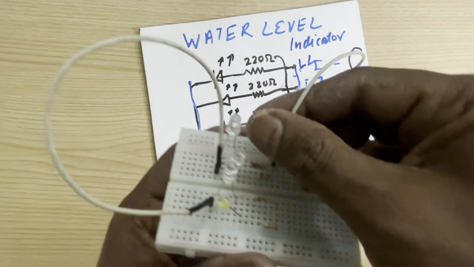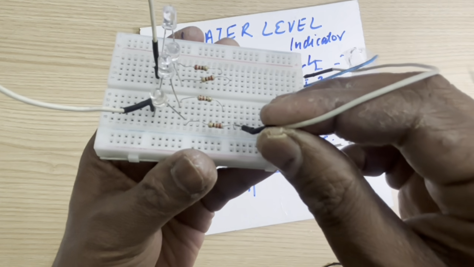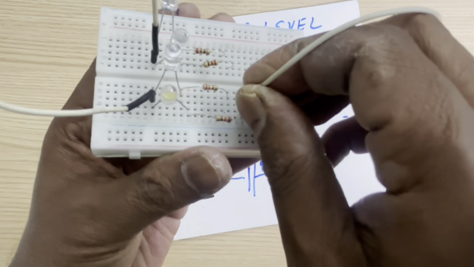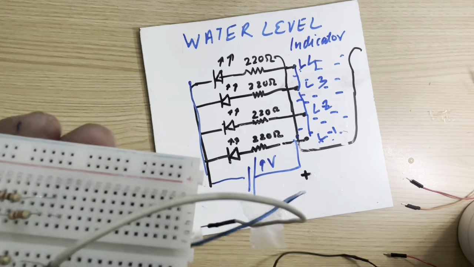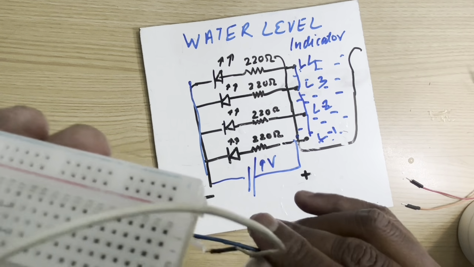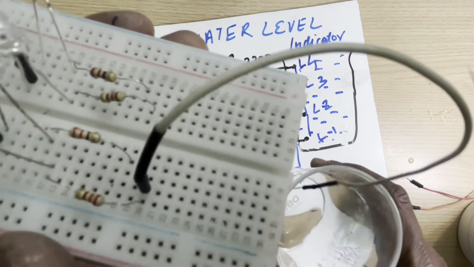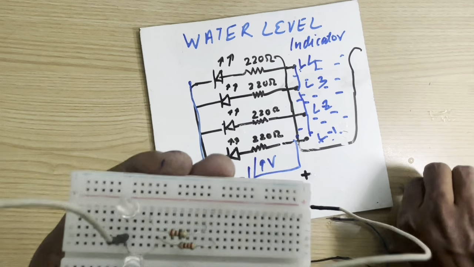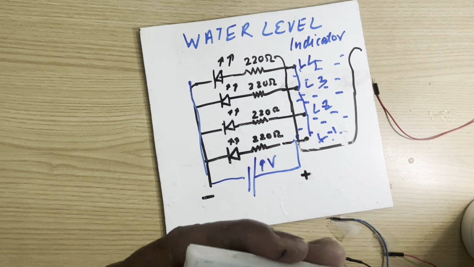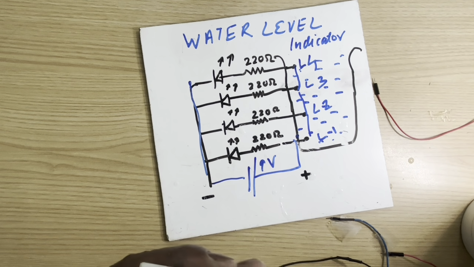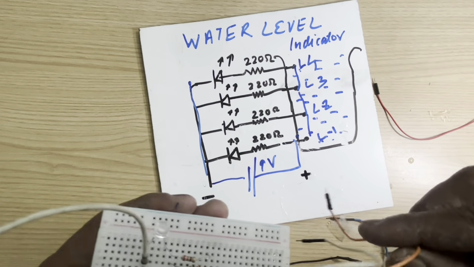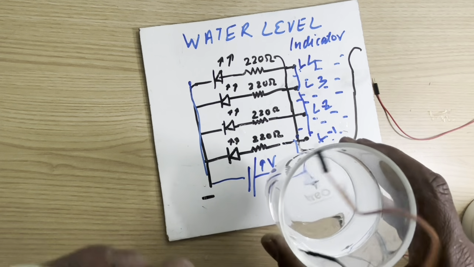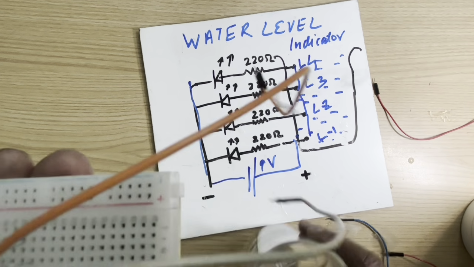Suppose it's a white, so you can put a white here, or to make the circuit more presentable, this will go at the bottom of the glass. You can put this with tape at the bottom of the glass. Then this one, the second level, level 2, will go like the second from the bottom, like this, with tape.